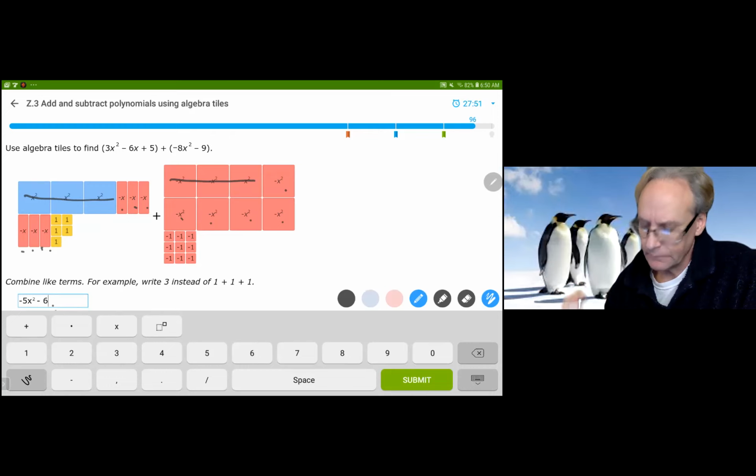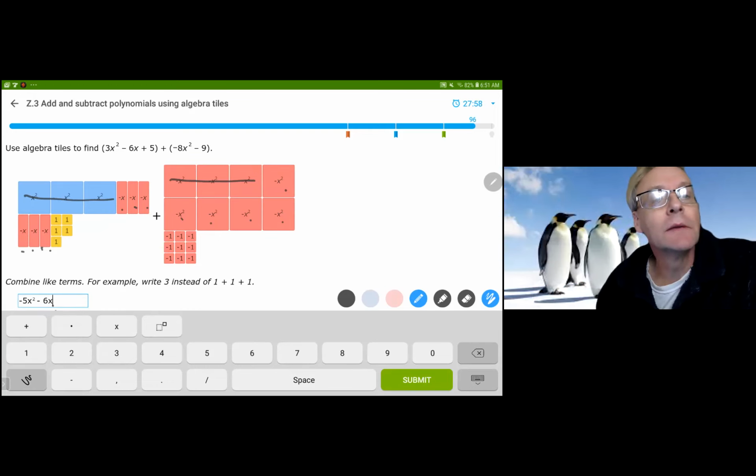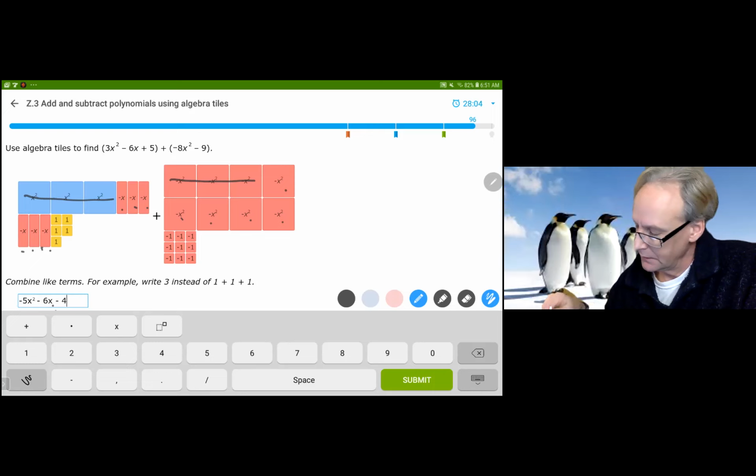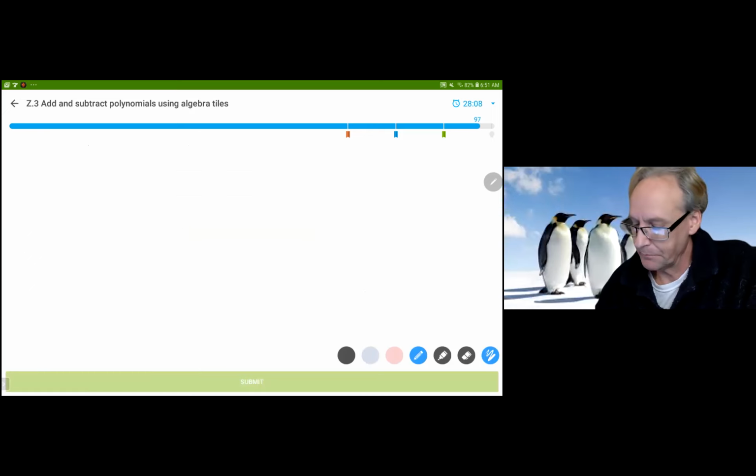Was it 6? Yeah. Just gotta make sure I've actually got it right. And then I've got some positives, but I'm also adding some negatives, and I have negative 4 left. So it's just minus 4. I just don't feel like doing them this much longer. 3 more, it looks like.